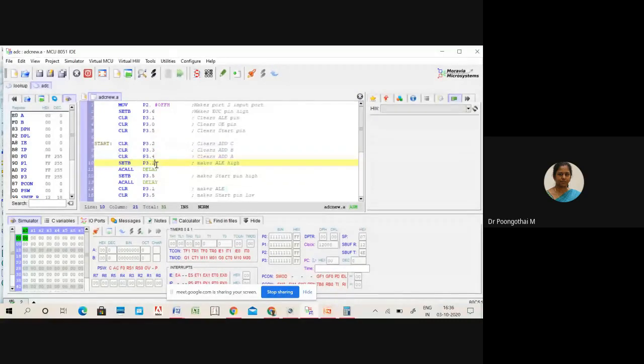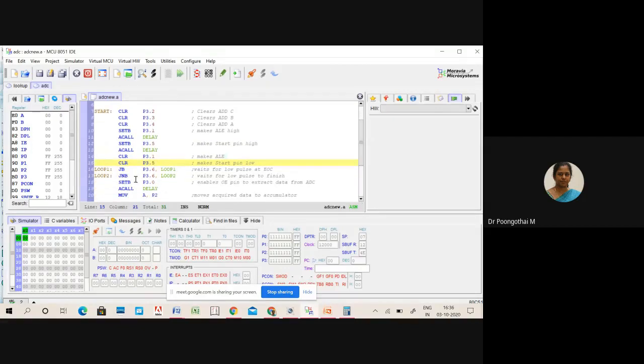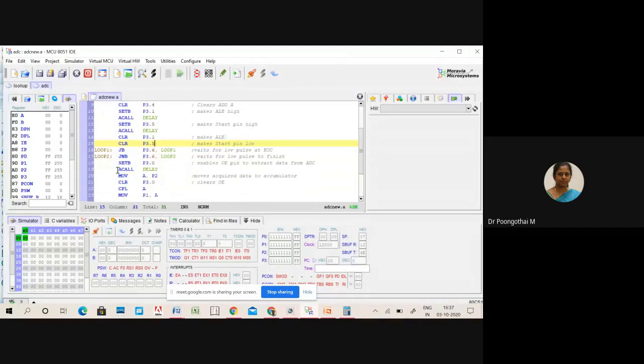And next, make ALE high, call delay, start pin high. Similarly, after that, make ALE low, start pin low, and monitor end of conversion. If end of conversion is equal to 1, your conversion process has been completed. After that, enable the output pin to extract data from the ADC, call delay for extracting data from your output lines, and the data will be available on P2.